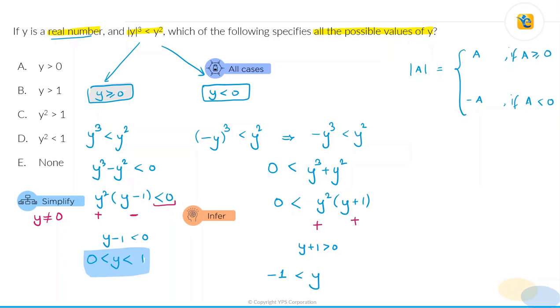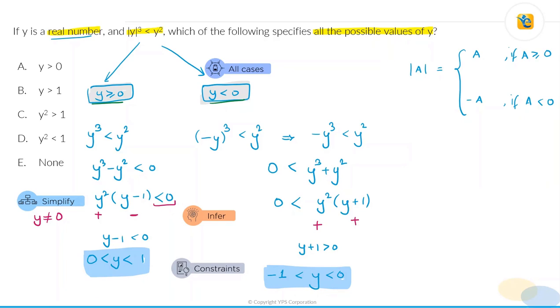But is it all of the numbers in the world that are greater than minus 1? No, I have to remember that I'm solving in the range where y is less than 0. So I put that here, and this gives me my complete solution. So you saw in both of them how the solution we got was not enough on its own. We had to apply the constraints that were applicable because of the cases that we were dealing with.